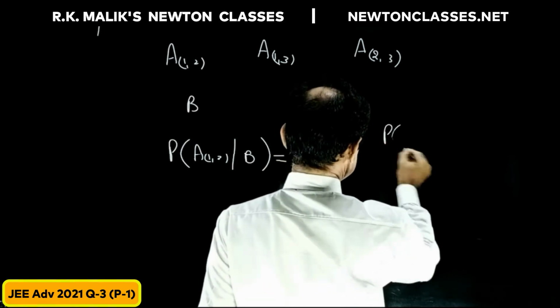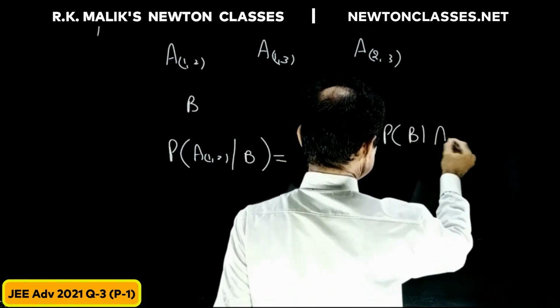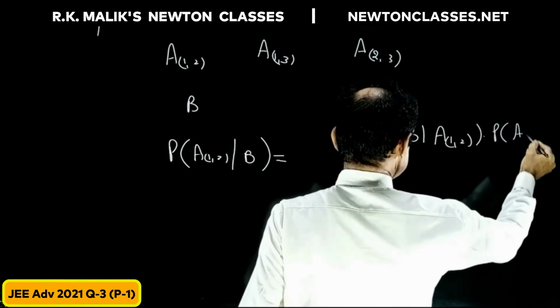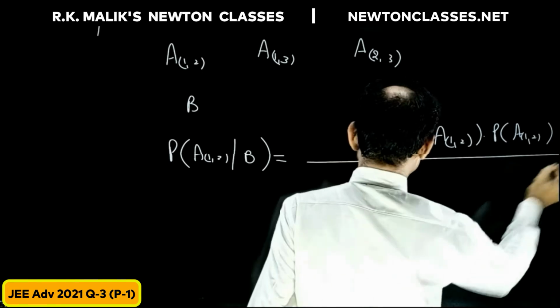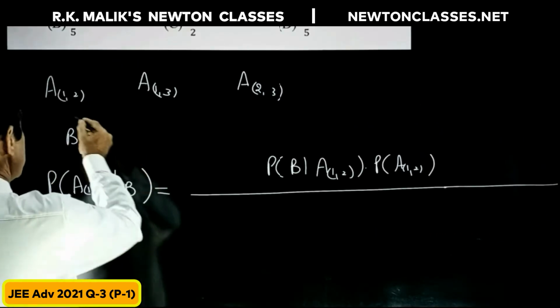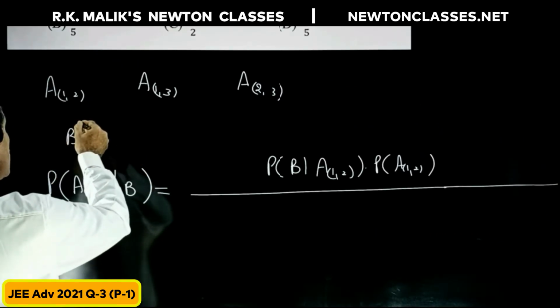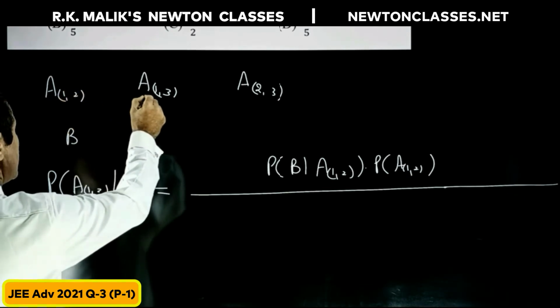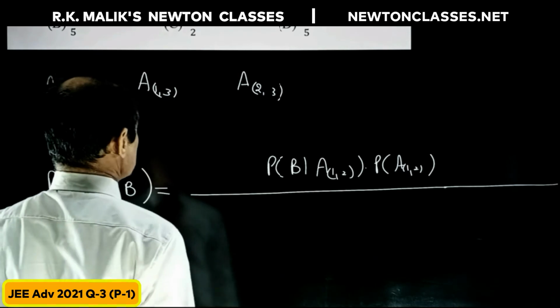This is clearly equal to probability of B given A12 into P(A12) upon, it is clear that the event B can happen either with A12 or with A13 or with A23.